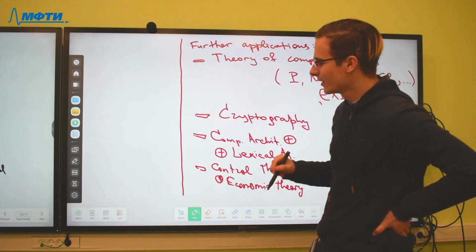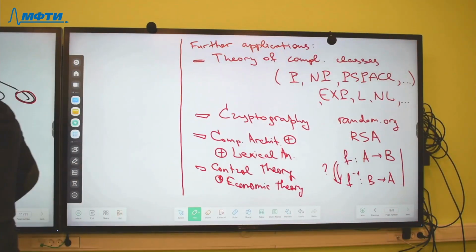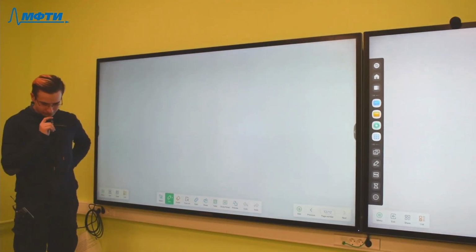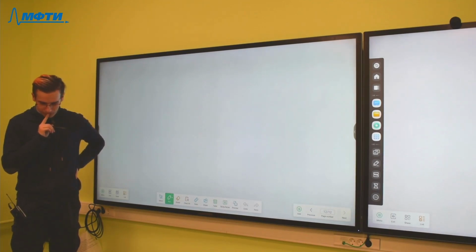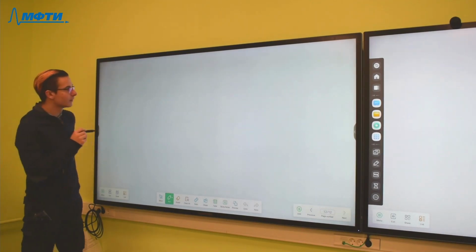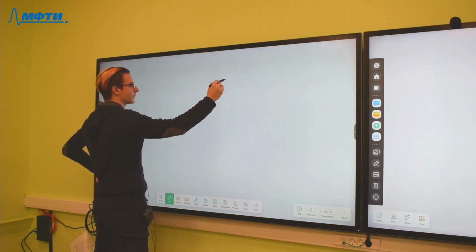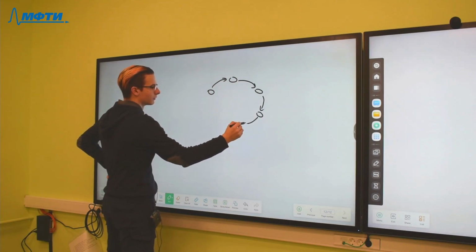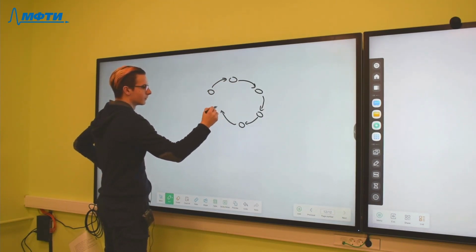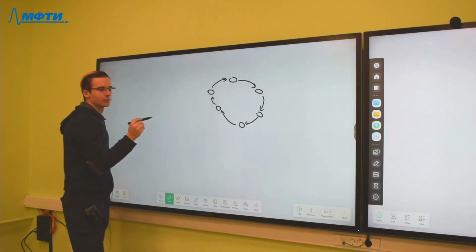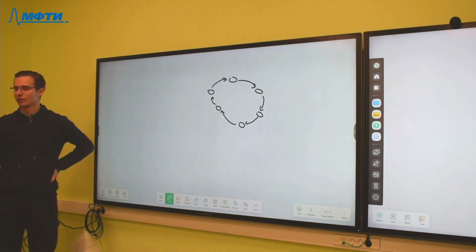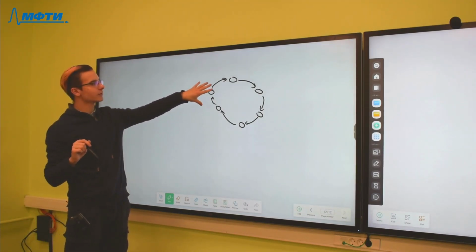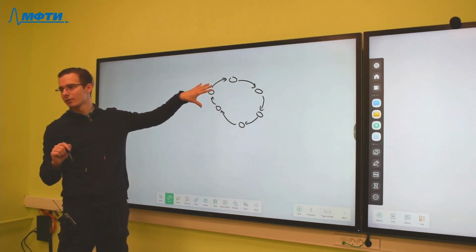I don't know how it is in English, but for example, you have some states of your group. Initially you don't know how to solve your task.